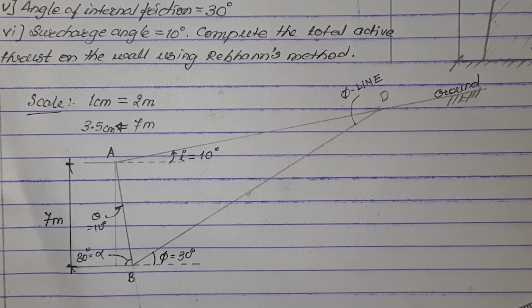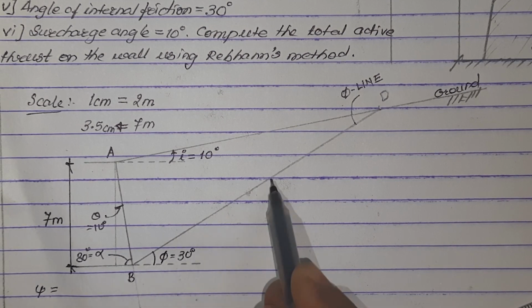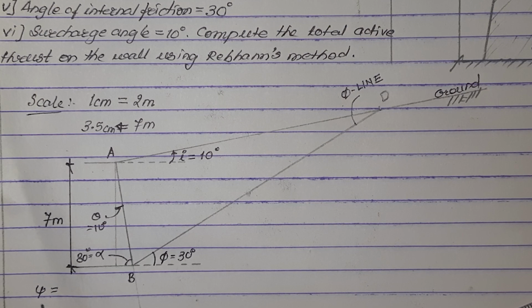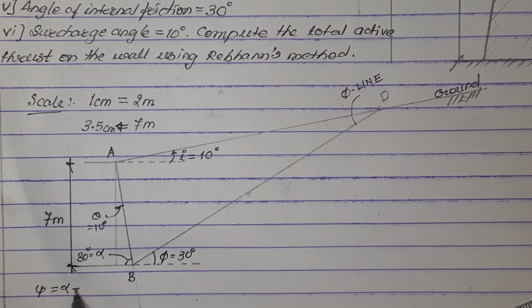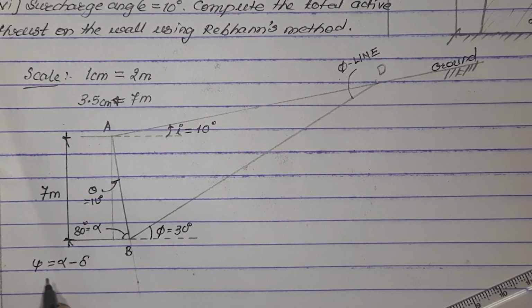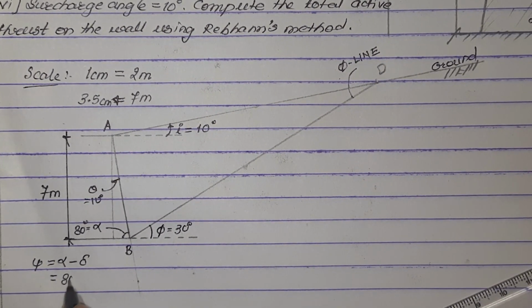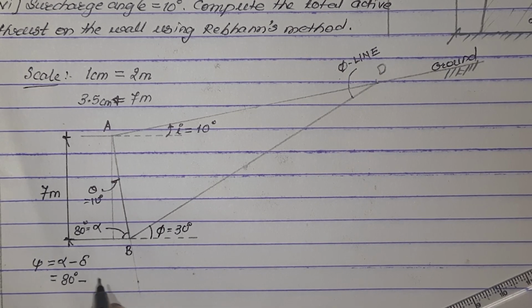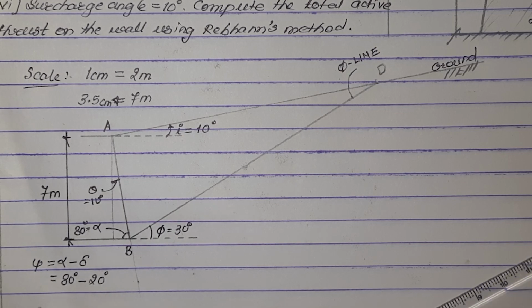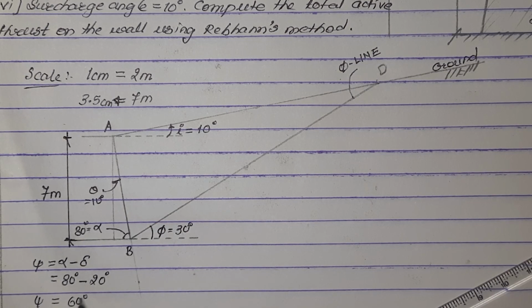In the next step, we have to draw a psi line. Now what is psi? Psi is the angle made by a line with this phi line. At what inclination this psi will be? Psi is equal to alpha minus delta. Alpha is 80 degrees and delta is angle of wall friction, which is 20 degree. Hence, psi is equal to 60 degree.